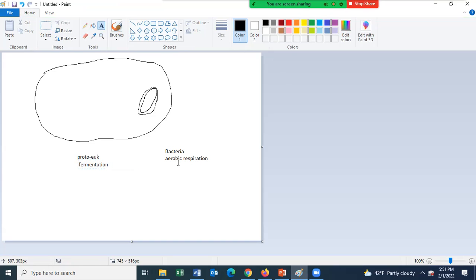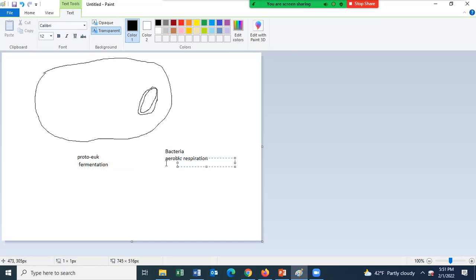So the aerobic respirer, meaning the bacteria, could generate 36 to 38 ATP per molecule of glucose. The proto-eukaryote could only make 2 molecules of ATP per molecule of glucose.